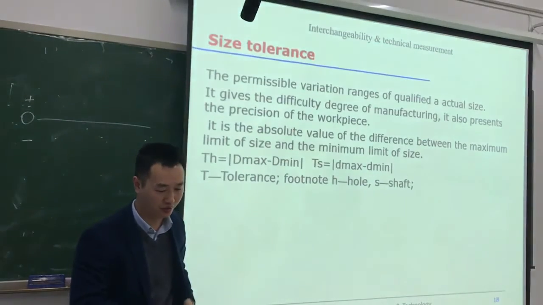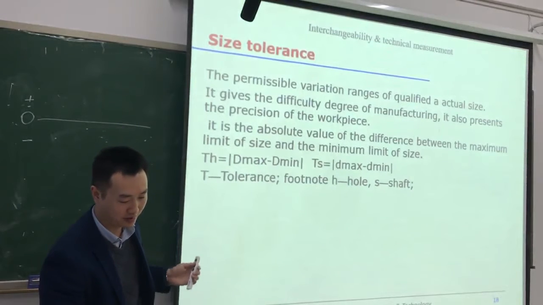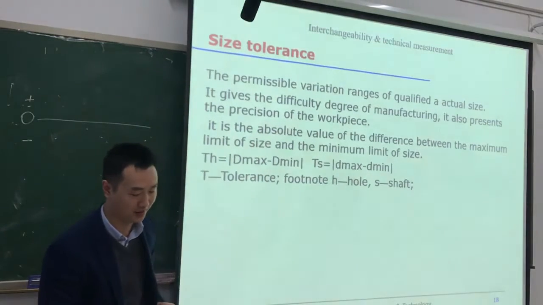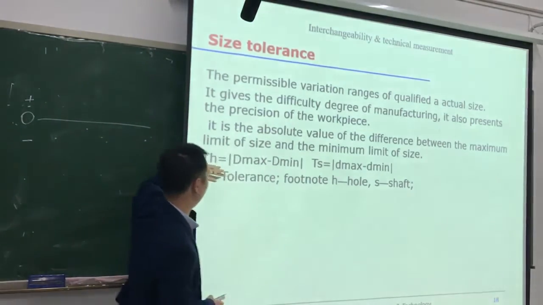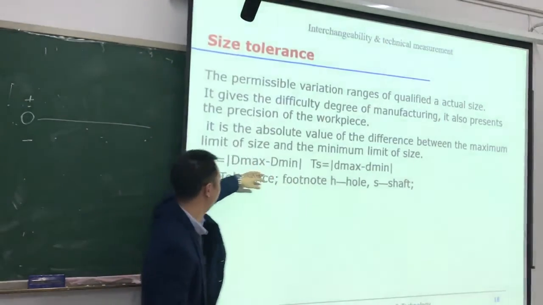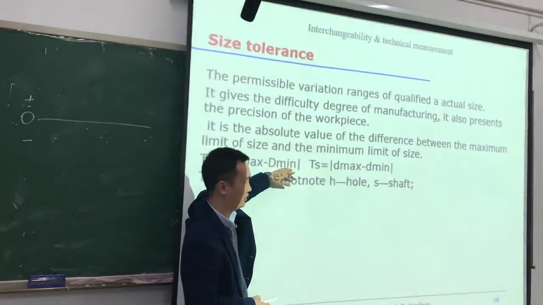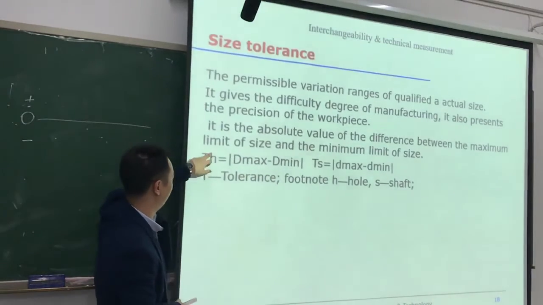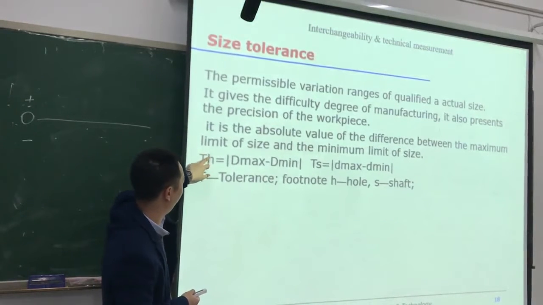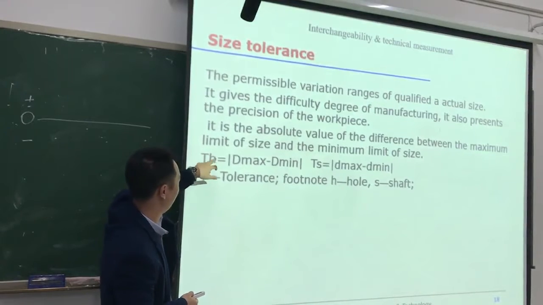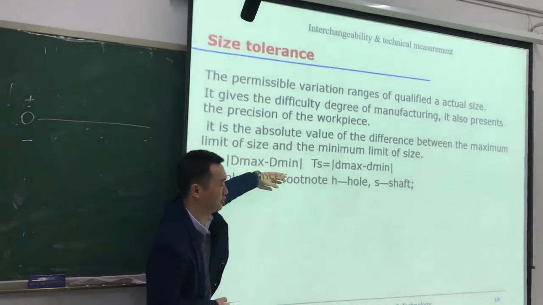It is the absolute value of the difference between the maximum limit of the size and the minimum limit of the size. For a hole, we calculate it using this equation: the maximum limit minus the minimum limit gives TH. T means tolerance, and the footnote H means hole. It's the tolerance for the hole.